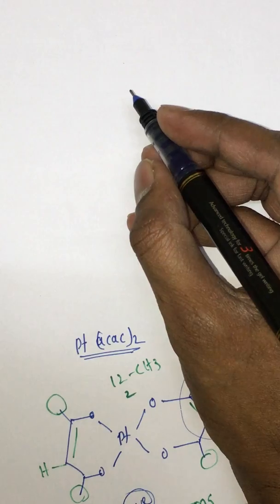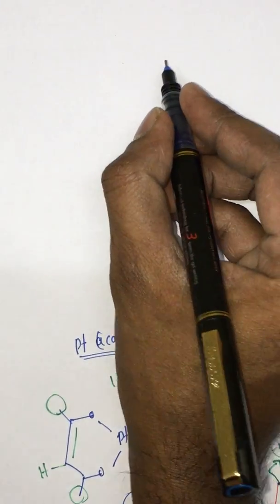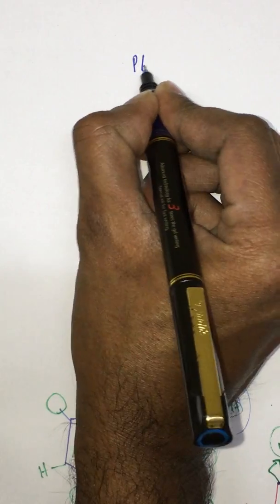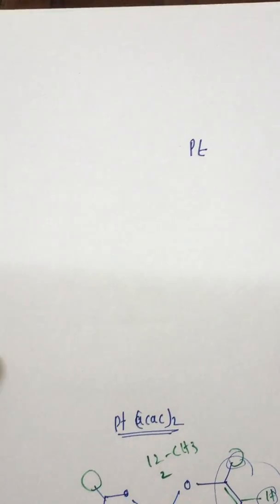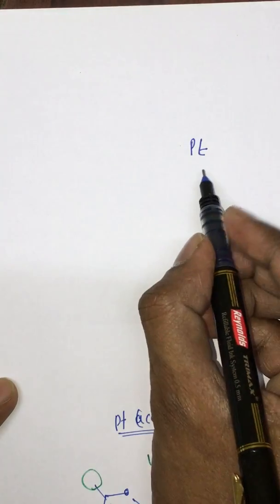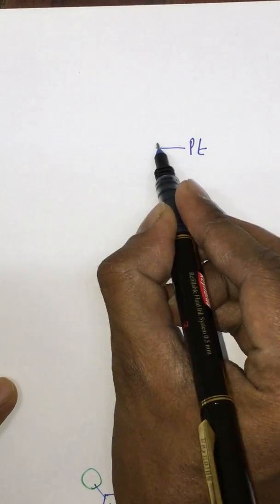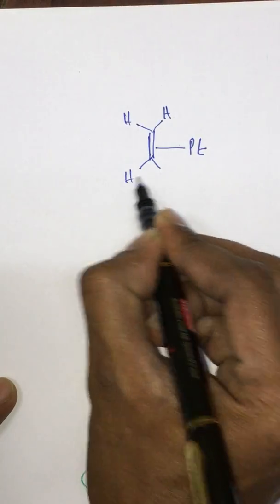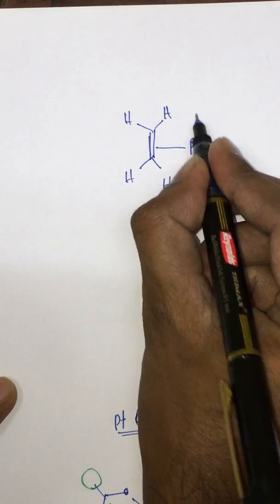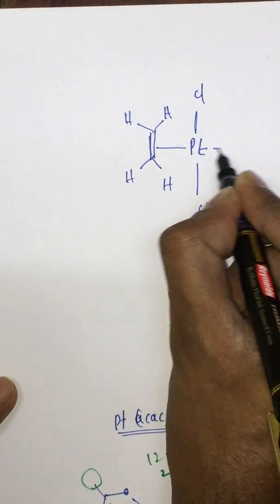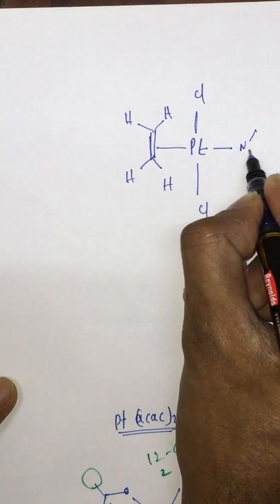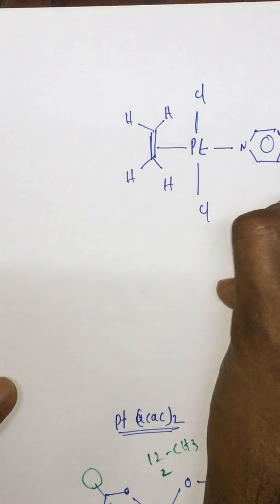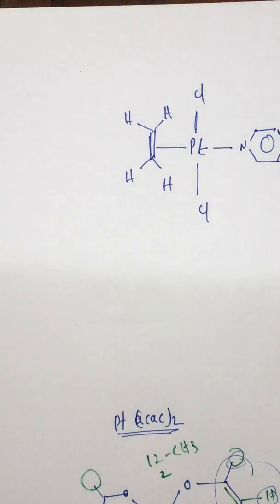And another thing we have here is Zeise's salt, kind of. We have platinum here, ethylene, and this chlorine, and it is attached to the pyridine. In this case, how many lines will we get?